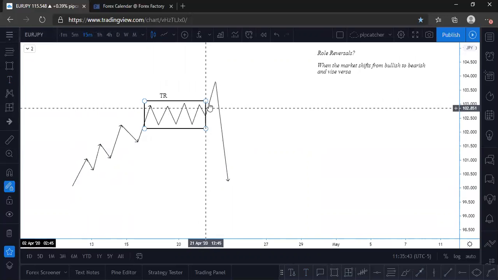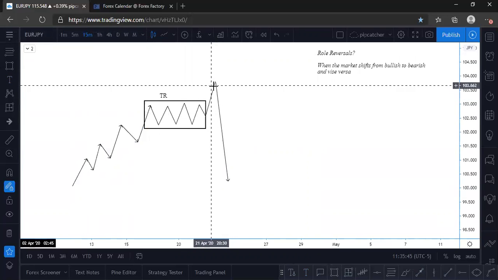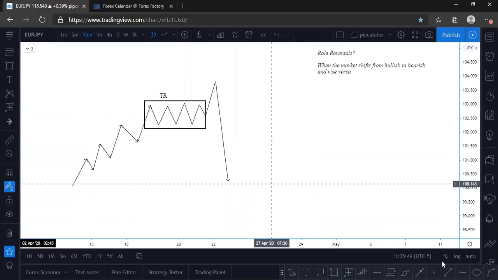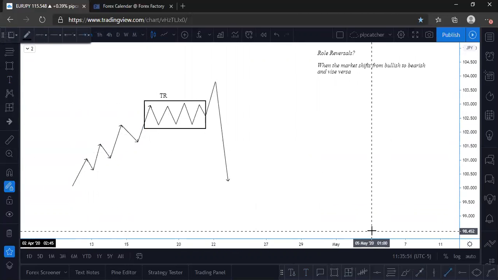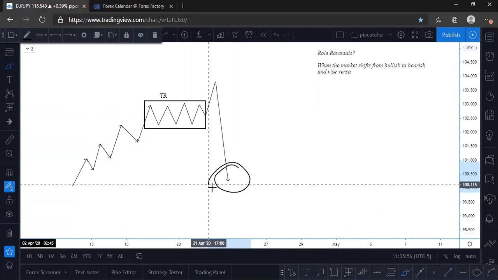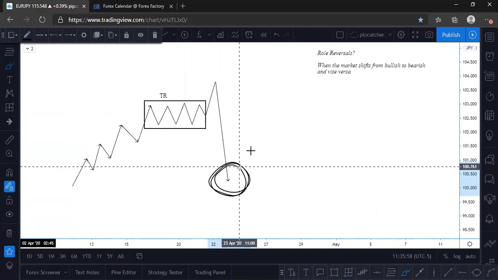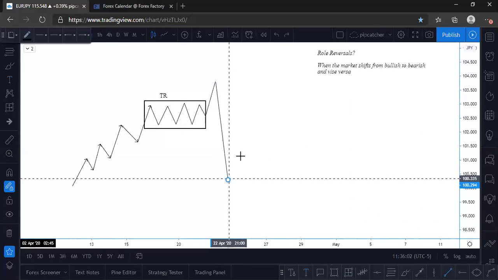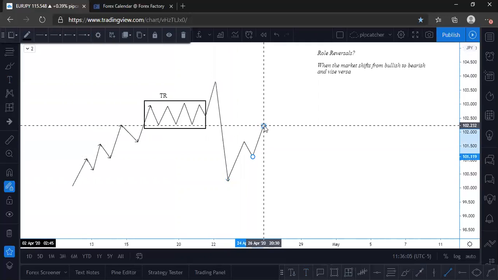And price had traded up and impulsed back down. So now what we would look for, because you never want to trade out in the beach, right? You always want the waves to come back.